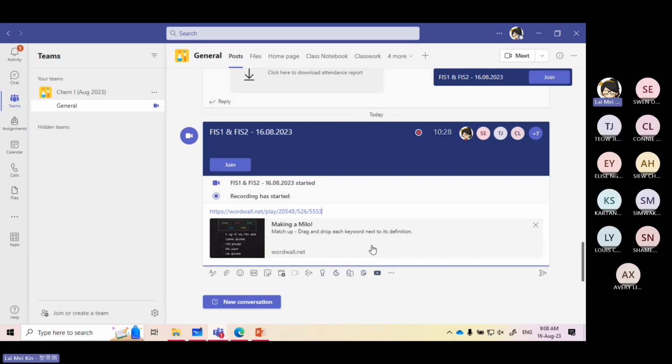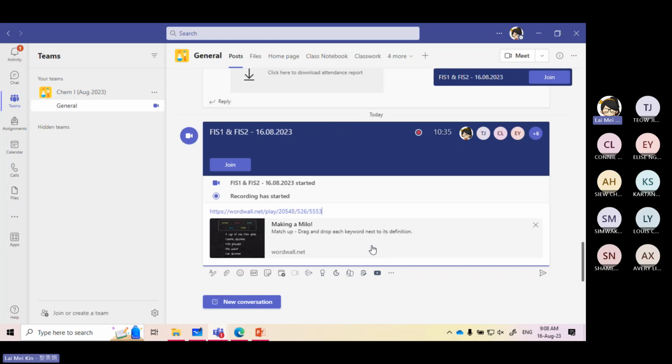For your name, I want you to put your student ID, because if I say name, some of you will put your short name, your long name, or only one single name, and there are so many people with the same name. It will be very difficult for me to trace who participated in this activity. So put your student ID, FIS2308 and so on.